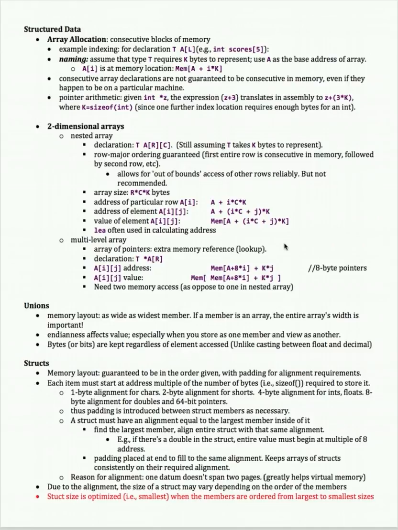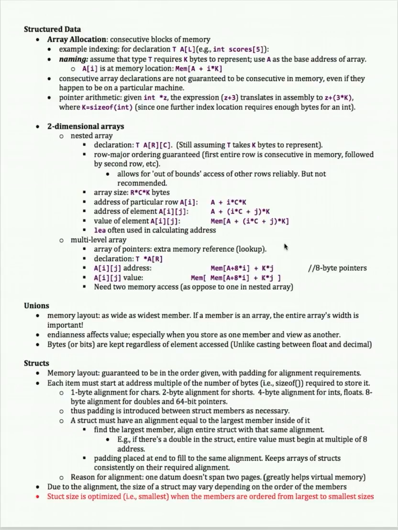Okay, let us now move on to structured data. We've learned about different types of abstract data, including arrays, structs, and unions in C, and how they are represented in assembly.